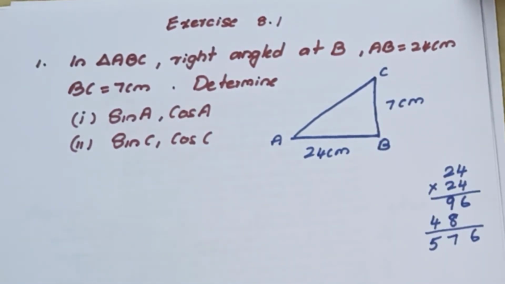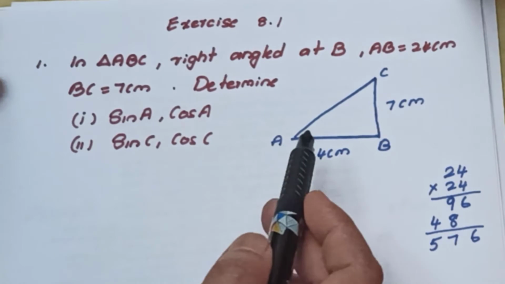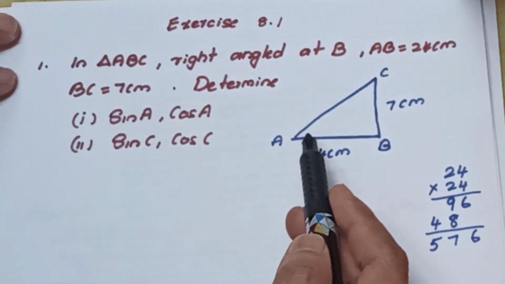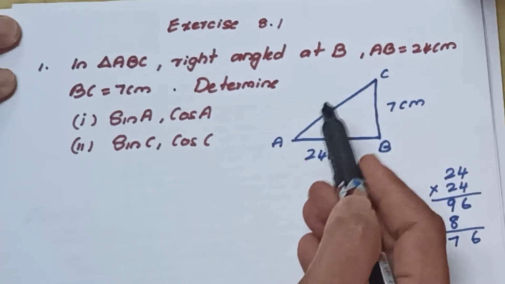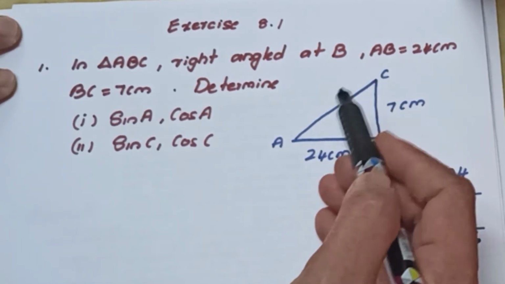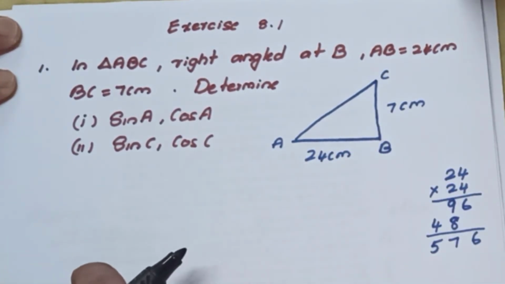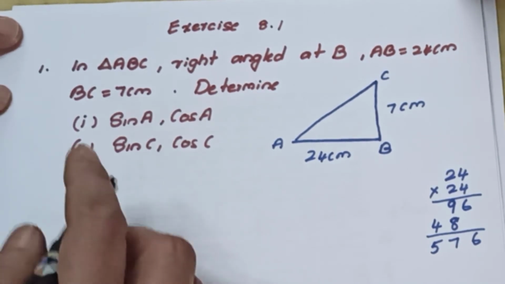So we have to find sin A. In order to get sin A, we know that sin A is opposite side by hypotenuse. So we have to get the hypotenuse, that means AC. So to find AC, we will use Pythagoras theorem.